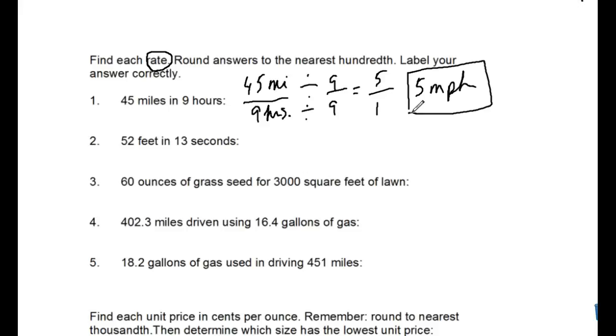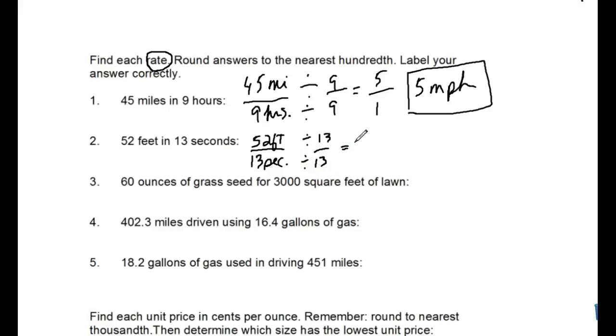Second one, we want to do 52 feet in 13 seconds. So we're going to end up with feet per second as a label. 52 feet and 13 seconds. We'll divide both of them by 13.